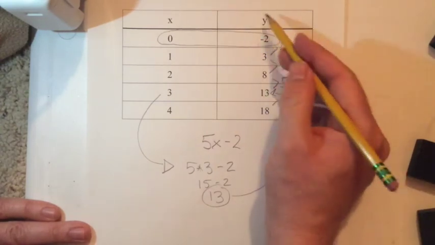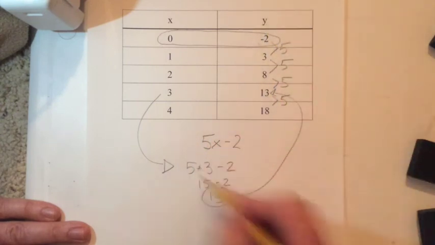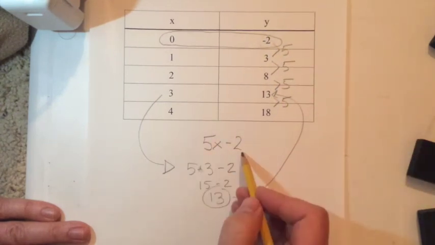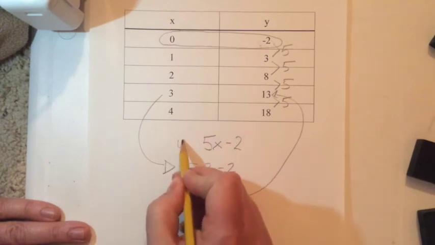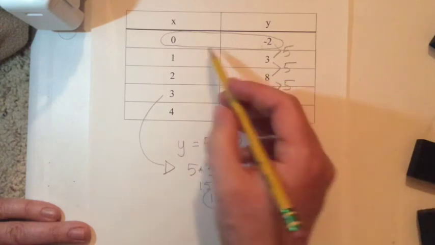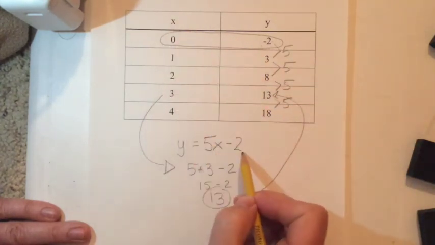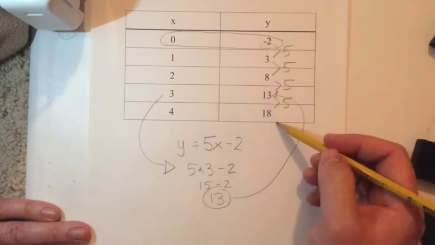Now remember also from the last example, we're looking for the y number. So there's one more piece that we have to add to this rule, and that is the y equals. So y equals 5 times this x number minus 2, and that's going to give us the values in this pattern.